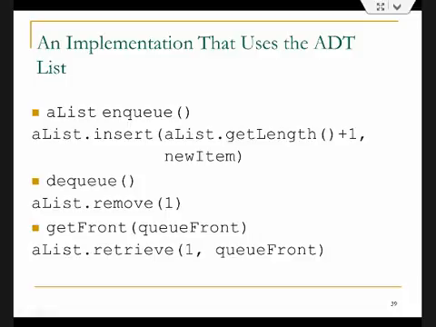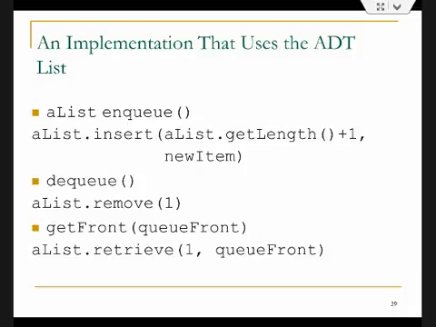And then you can also implement the queue using the ADT list by using insert at get length plus 1 for the enqueue, and then remove from the front. Now the problem with that, of course, is that you are basically having to search through the list if it's a linked list, and you're basically having to do a lot of copies if it is an array-based list.